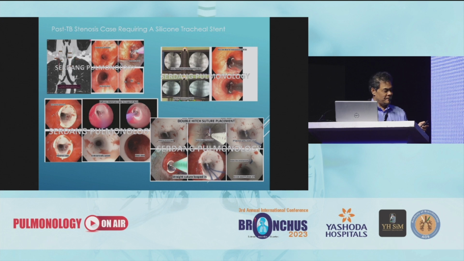One case, again, a young girl with tracheal stenosis secondary to TB, and we put a silicone stent inside the trachea. We even stitched it to prevent migration, and as you can imagine, there's a lot of work. It can be really challenging to put a silicone stent.